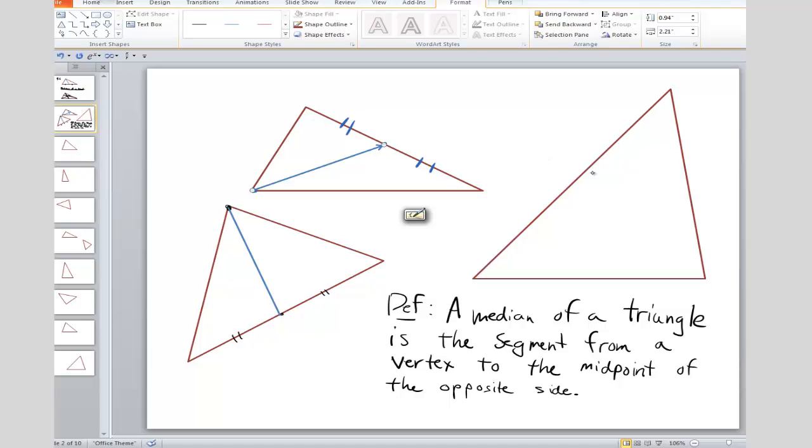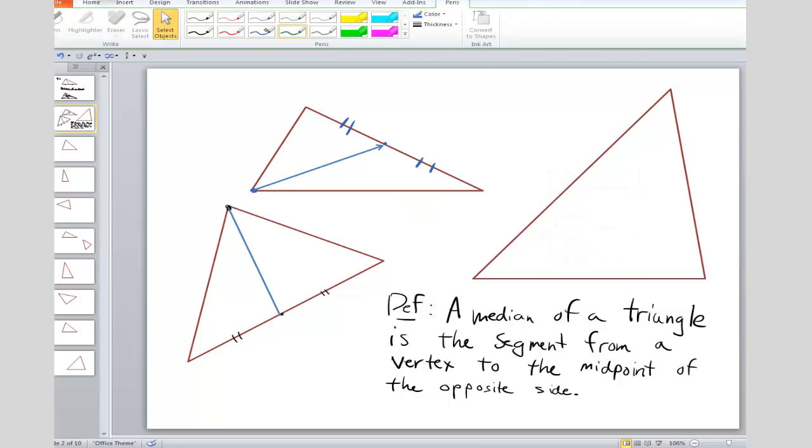Okay, so suppose we have a side length of 4 here. This one is 6. And this one is 5. Where would the midpoint be for this? Well, this would be 2 units, so directly in the middle.